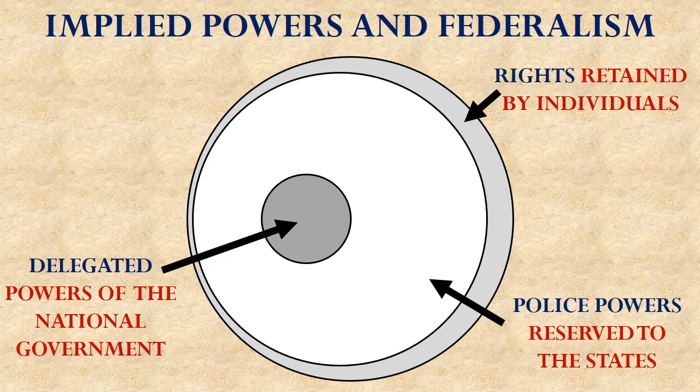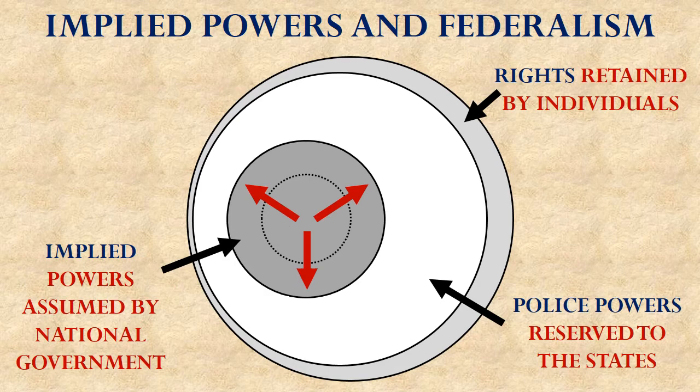They're numerous and undefined. But with the introduction of this idea of implied powers, the powers of the national government are dramatically expanded. Suddenly, they don't just have the powers that were specifically delegated to them, but a whole host of other powers that they can claim are necessary through a very loose interpretation of that word necessary. Now, as they expand their powers, they in effect decrease the power of the states. They take reserved powers from them.